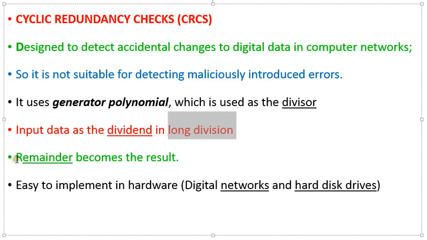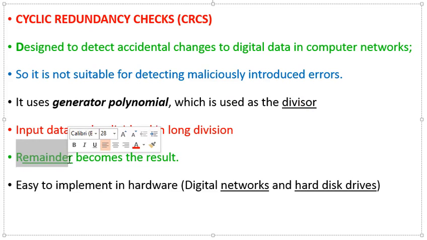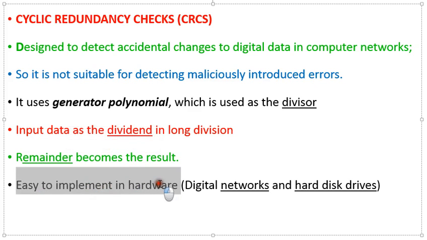Then the result of dividing the dividend by the divisor gives you your remainder. Okay, so now you send that as your data, and at the end it will carry out multiplication to reconstruct the original data. This method is very easy to implement in hardware, like in digital networks, hard disk drives and other hardware equipment of a computer.